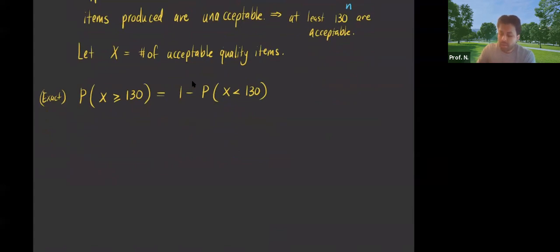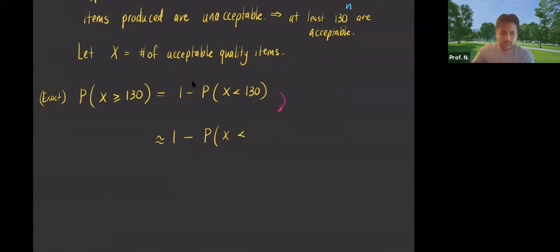But with this continuity correction, what is this going to actually be, approximated to be? Remember when we do that little continuity correction step?